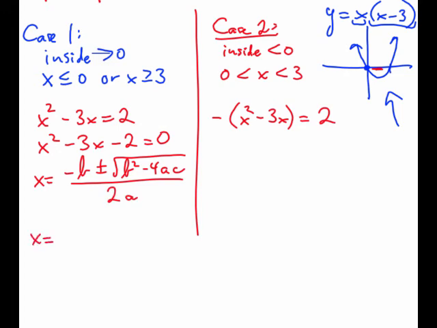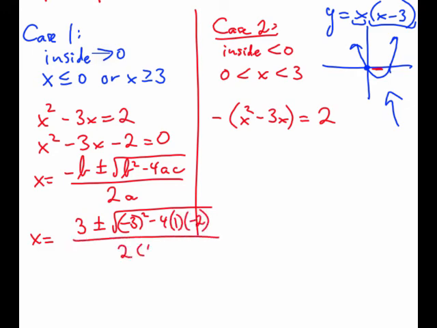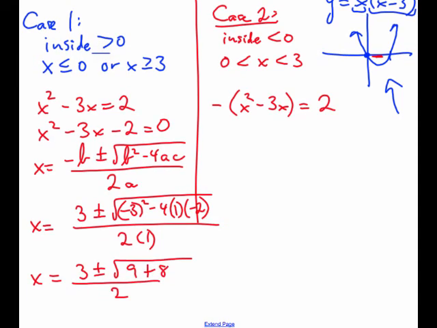So the opposite of b, 3 plus or minus the square root of negative 3 squared minus 4ac, all over 2 times a, which is 3 plus or minus the square root of 9 plus 8 over 2, which is x equals 3 plus or minus root 17 over 2.